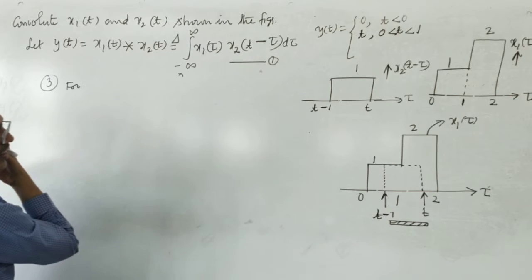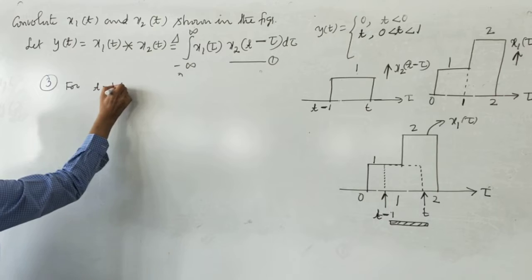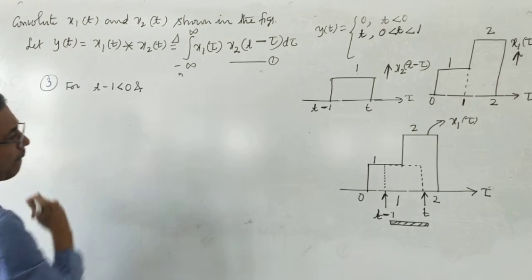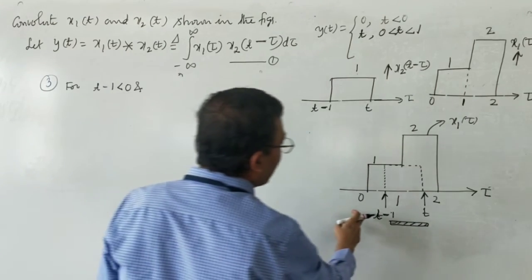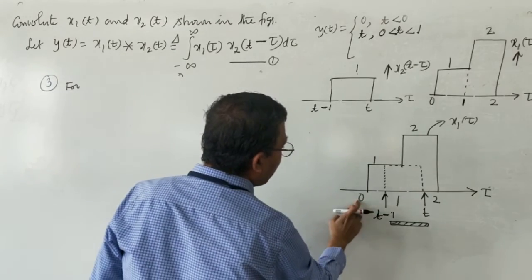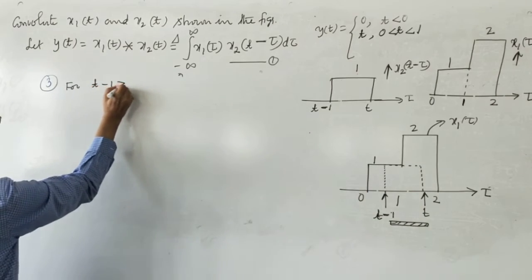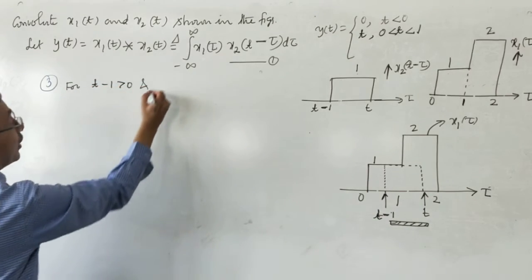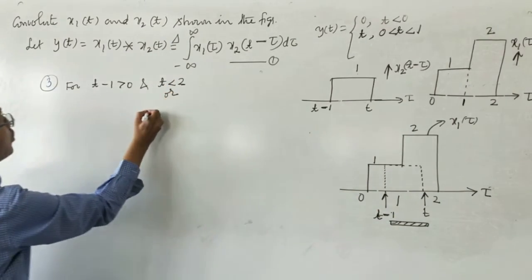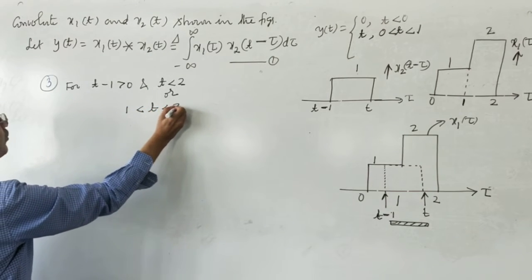I am going to say now case 3 for t minus 1 greater than 0 and t less than 2, or this tantamounts to t greater than 1 less than 2.